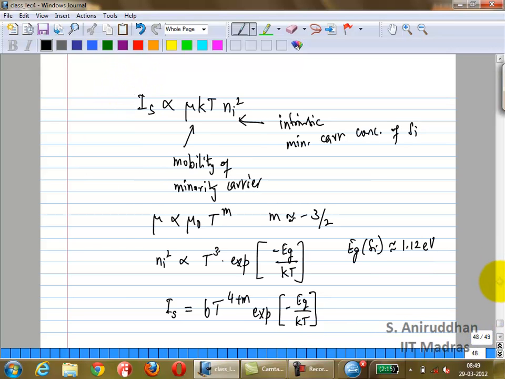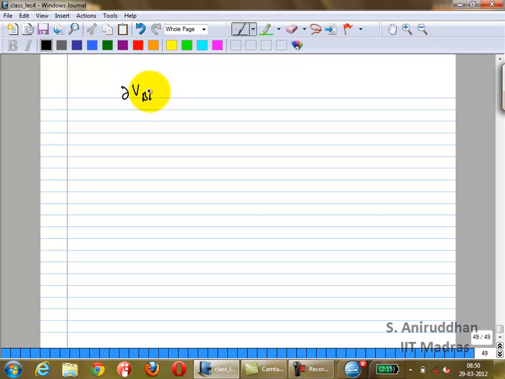Minus Eg by kT also has a temperature dependence. Of course, Eg is constant, but the kT has a temperature dependence.